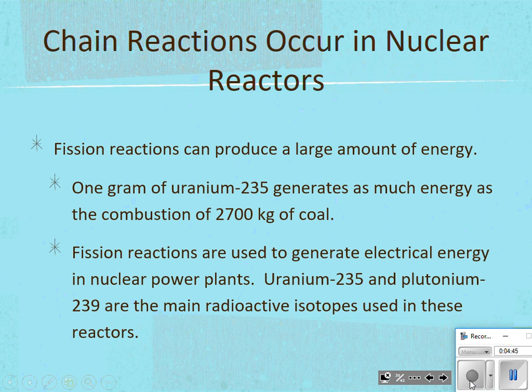These fission reactions are used to generate electrical energy in nuclear power plants. Uranium-235 and plutonium-239 are the main radioactive isotopes that are used in nuclear reactions and nuclear reactors.